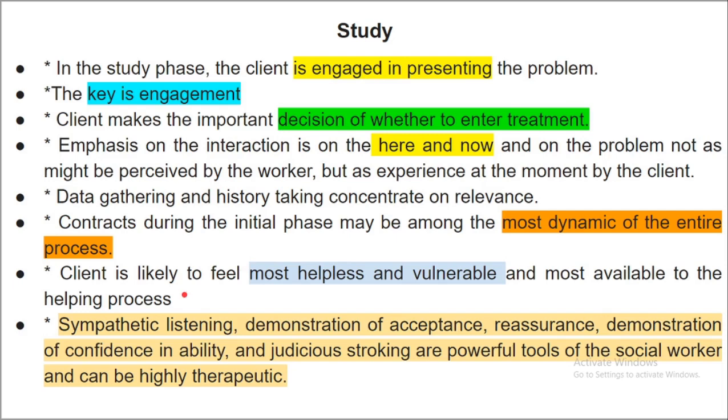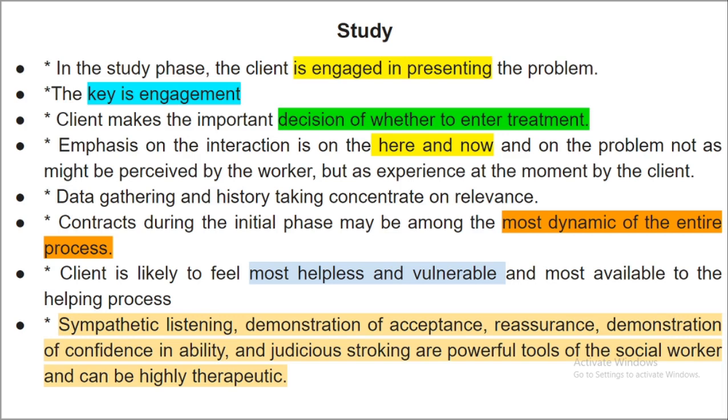Now, the client is likely to feel most helpless and vulnerable and most available to the helping process. So yes, he is vulnerable and helpless. That's why he comes to you, and is most available to the helping process. He is in need of help. That's why he has come to you for help.